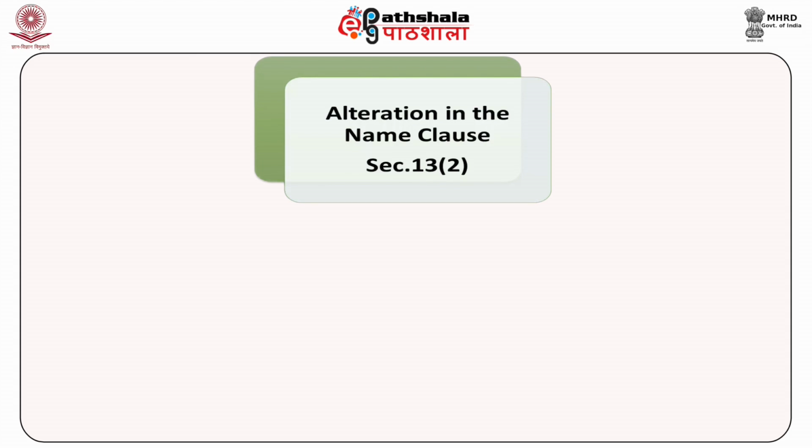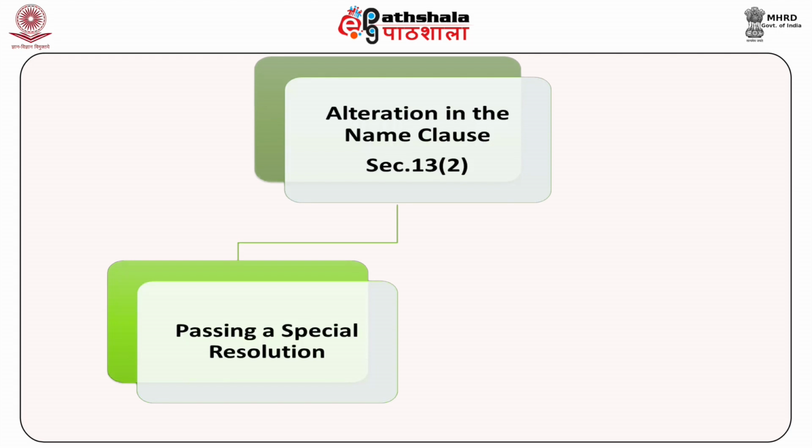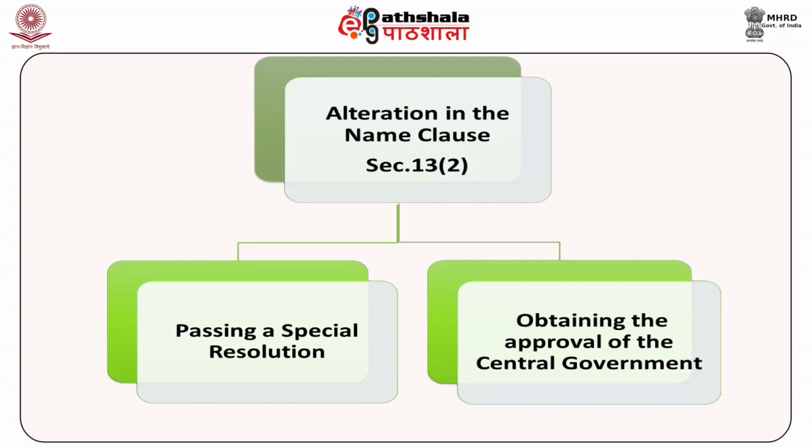Alteration in the name clause can be effected in the following ways. A company can change its name at any time in the course of its business by: A. passing a special resolution, and B. obtaining the approval of the Central Government in writing to the change.